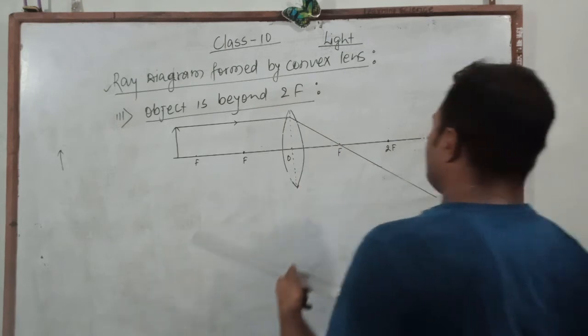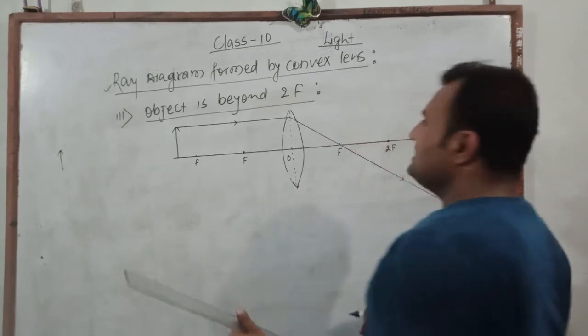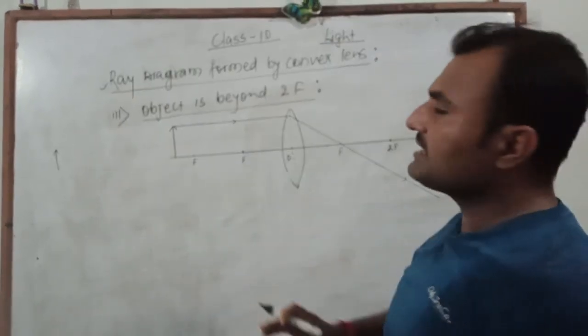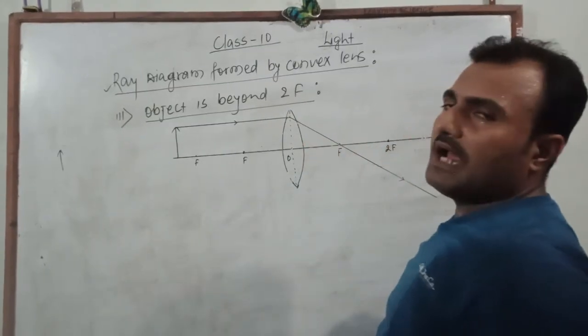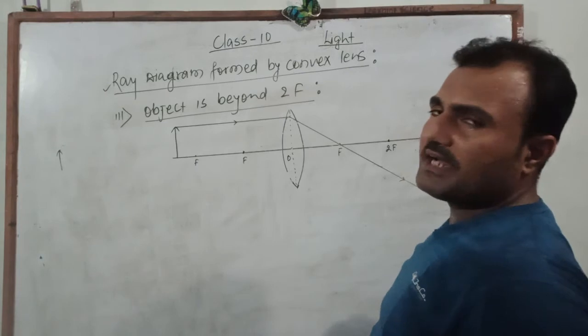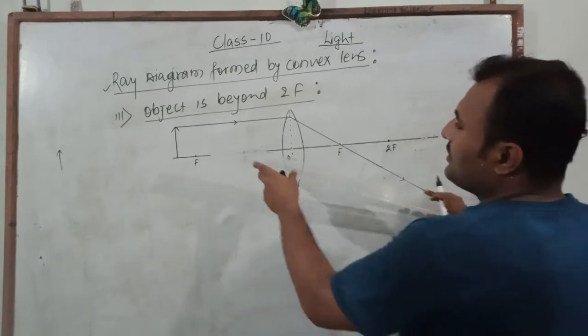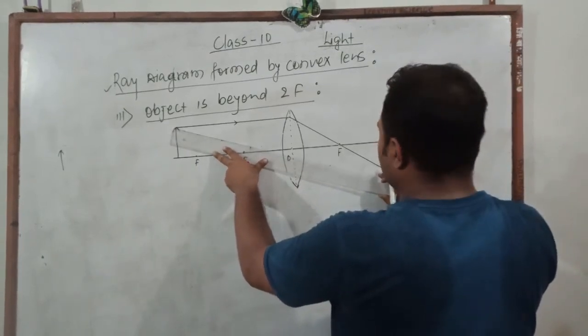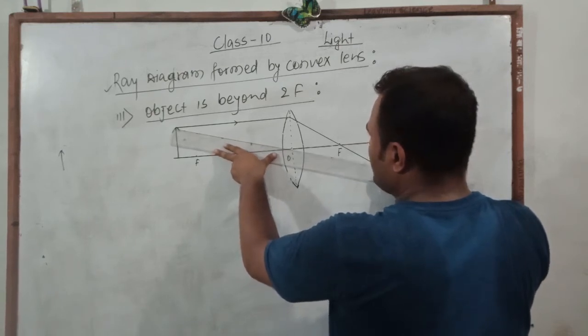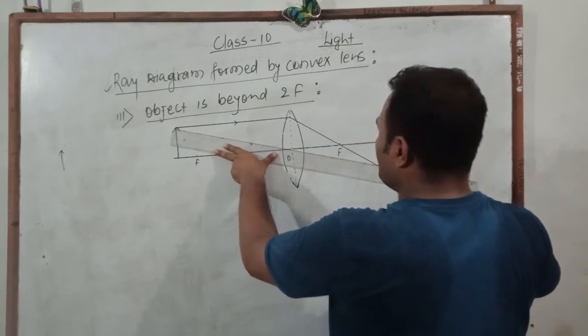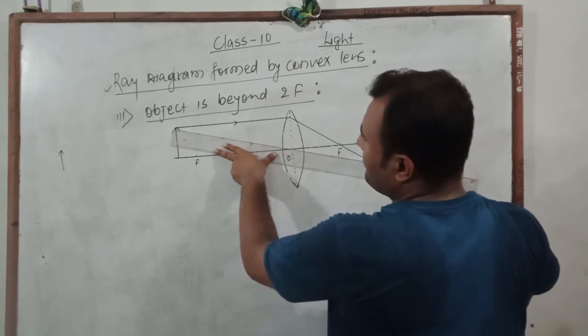It passes through f. And in the next condition we take a ray of light which passes through the optical center, and we know that a ray of light passing through the optical center goes without deflection, that is, no bending takes place. And we take another ray of light which passes through f.